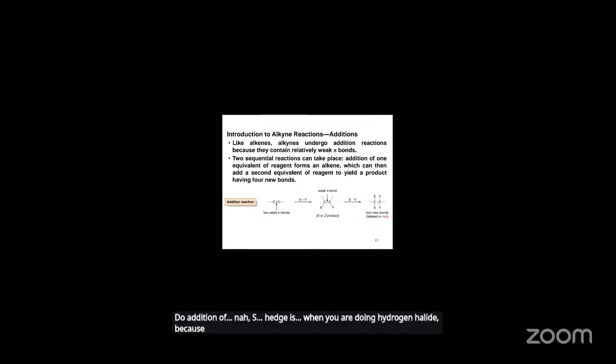Whenever you are doing addition of a hydrogen halide, because X and H are not similar, that is, whenever you want to add compounds that are not similar, like HX, the method you're meant to employ is this: remember you need 2 moles. On the first step of the reaction, anything can go anywhere. You can add anything to anyone.